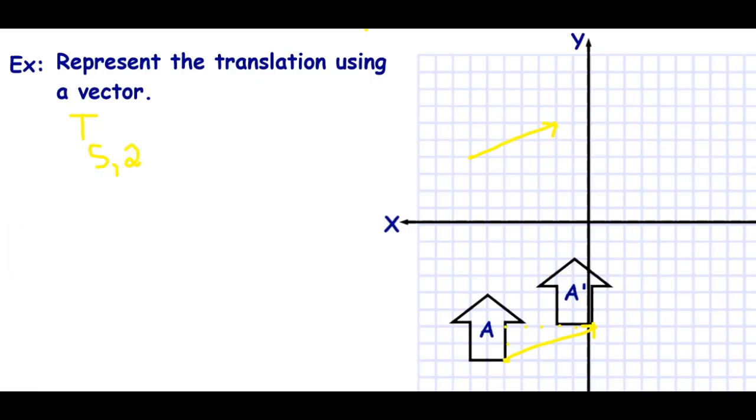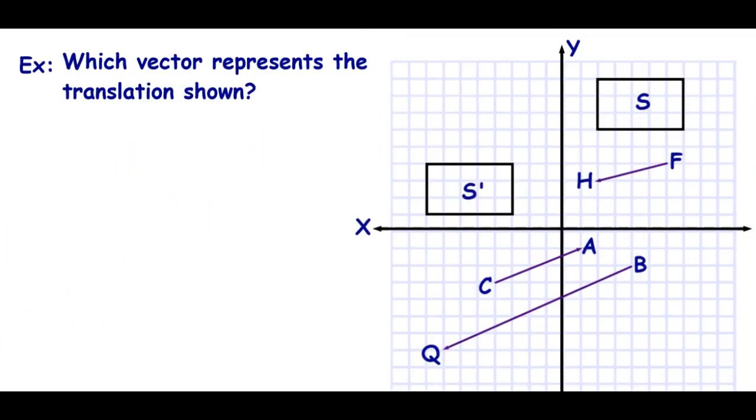Let's go to the next page. On this page, which vector represents the translation shown? So we have to figure out which vector represents us going from rectangle S to rectangle S prime. Let's see if we can first narrow it down. We have vector FH. I know it starts at F and goes to H because the arrow is at H. In the next vector, the arrow is at A, so it's CA.